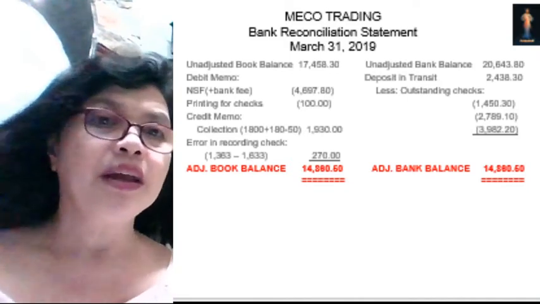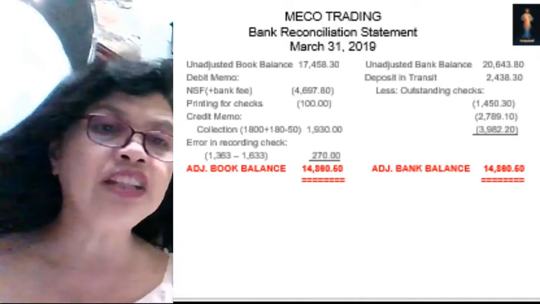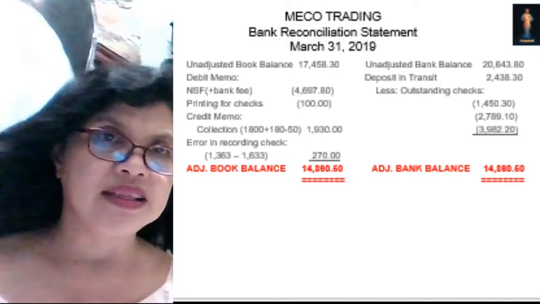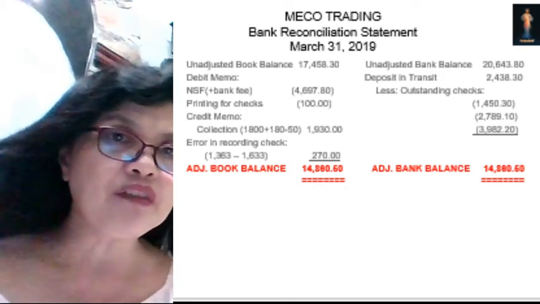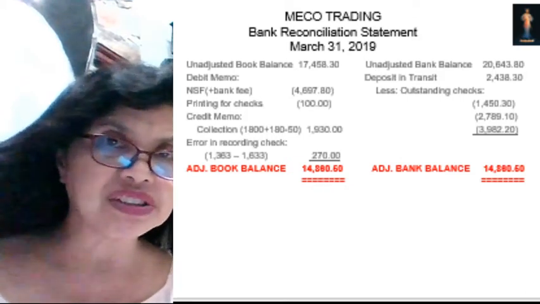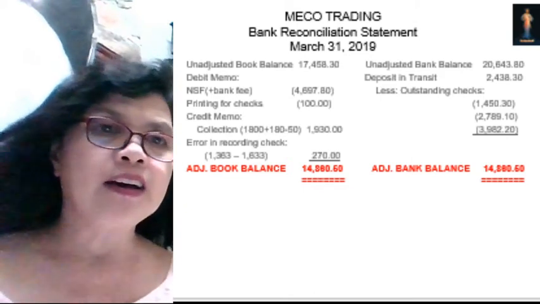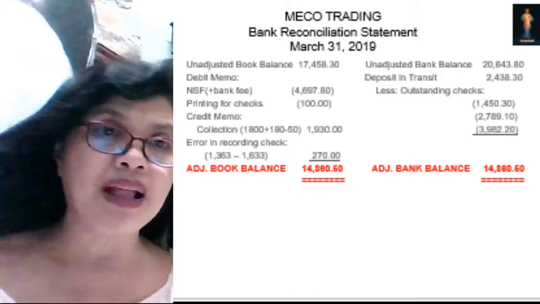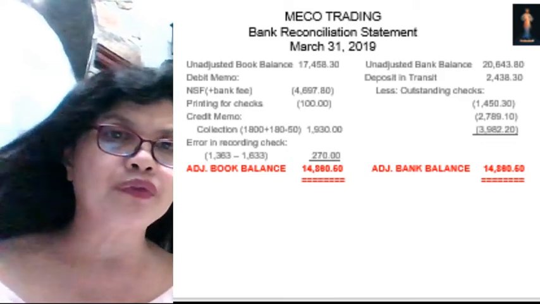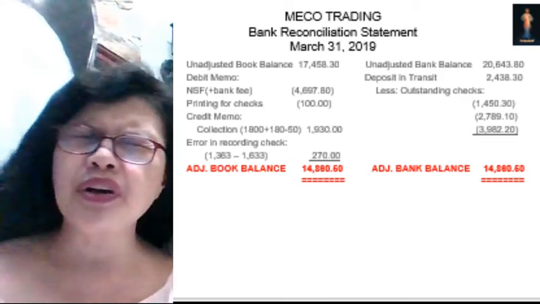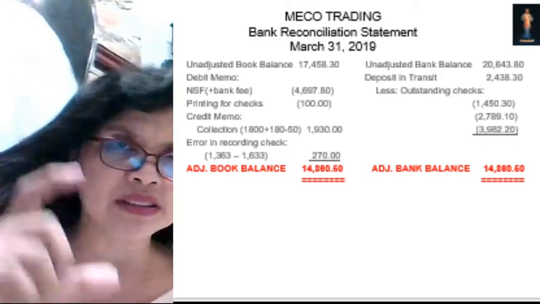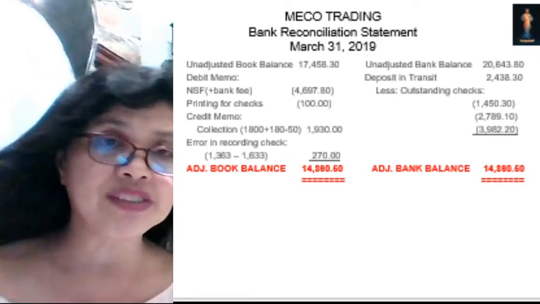Why deduction? Because this is an insufficient fund. Then the printing of checks, how much? 100. We also deduct it because that is a reduction in your cash balance.